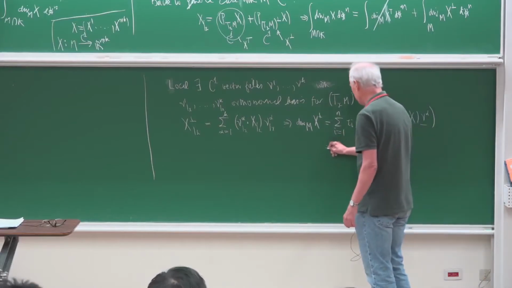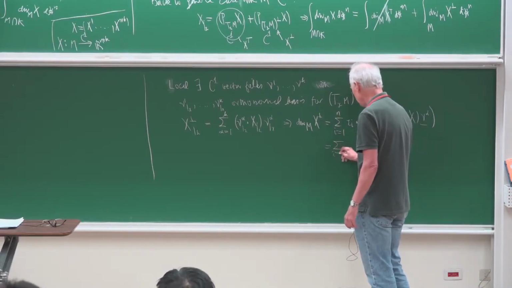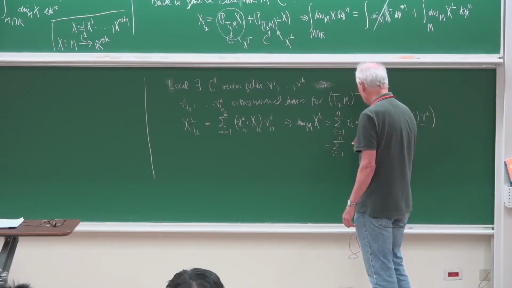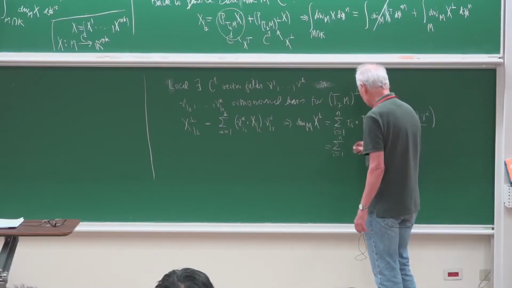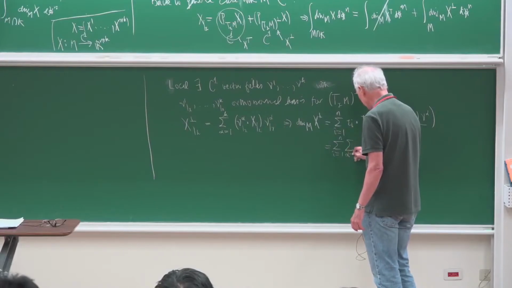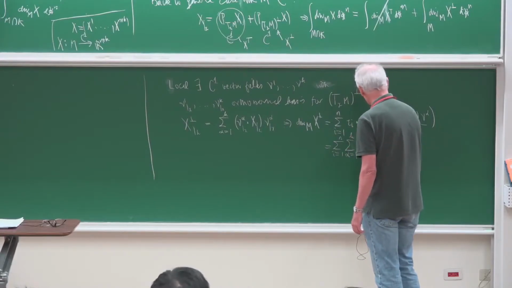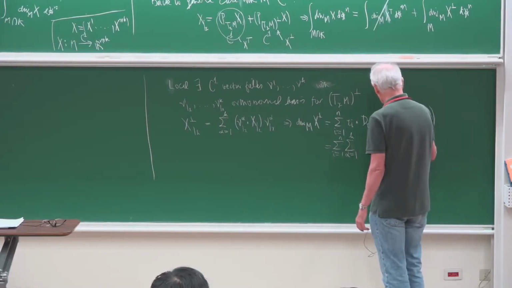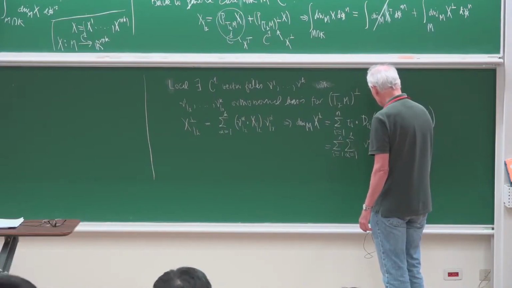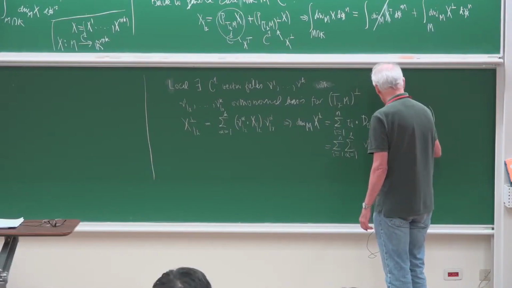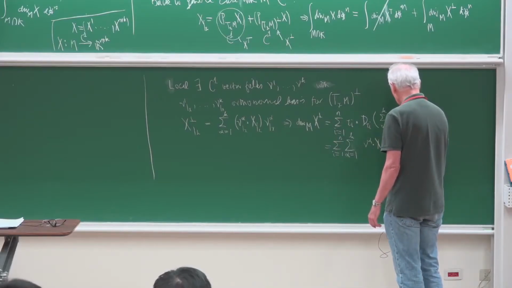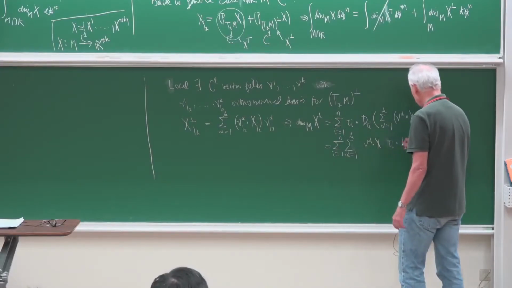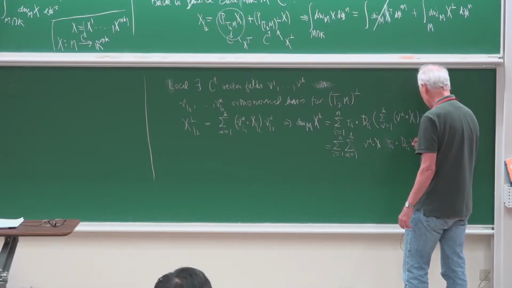So this equals the sum i equals 1 up to n of tau_i dotted with, let's pull the sum out, alpha equals 1 up to k, and then it's nu_alpha dotted with x times d_tau_i nu_alpha.